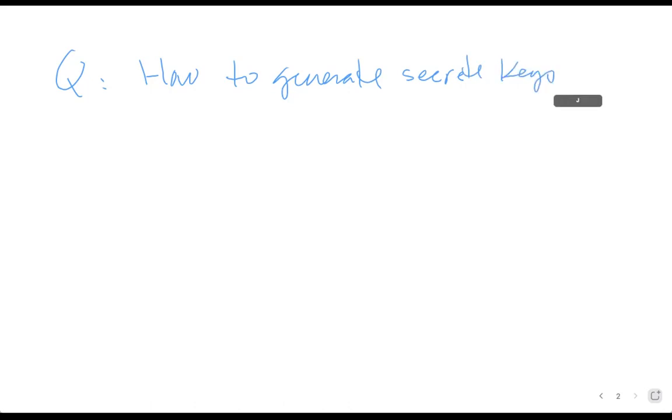That's the first thing we want to know before we can deploy these encryption algorithms to secure packets, data communications. And then the second question is how to distribute secret keys.